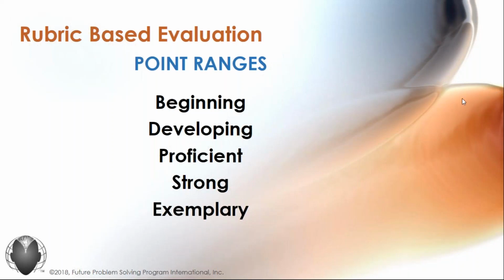I am going to pause really quick before we get into the specifics of each of these point ranges and the 65 points and how they're earned, and answer a question that popped up. I know Kyla is typing answers and responding as I am speaking, but I do want to share that affiliate programs are, per policy, allowed to make adjustments to the evaluation guidelines and score sheets for their affiliates.